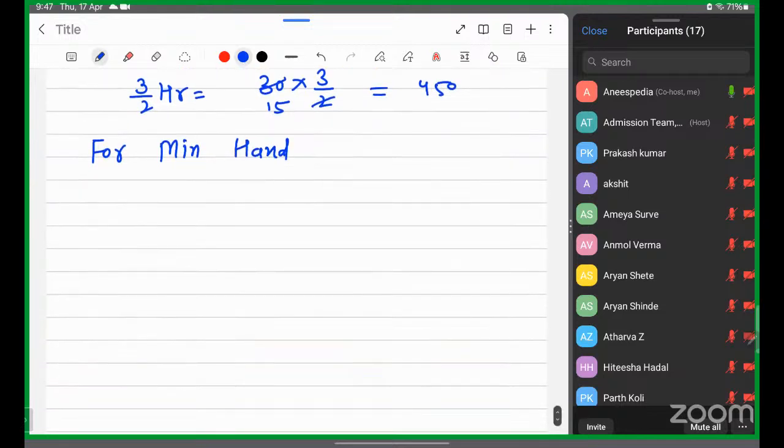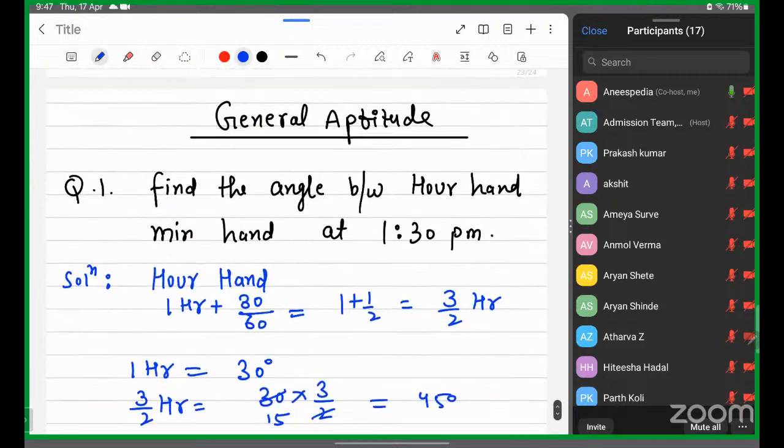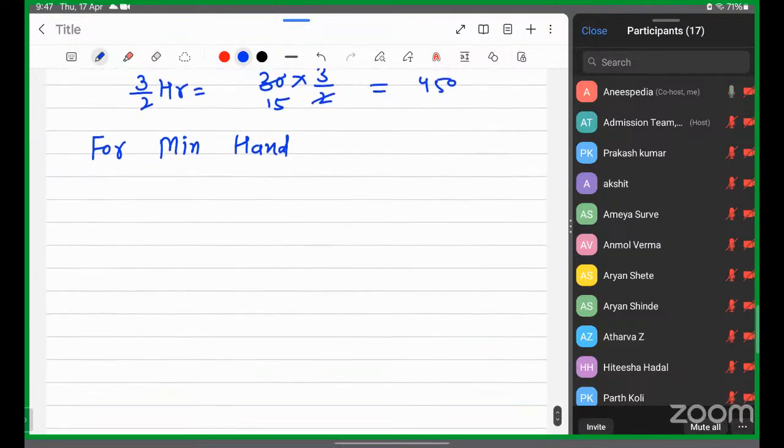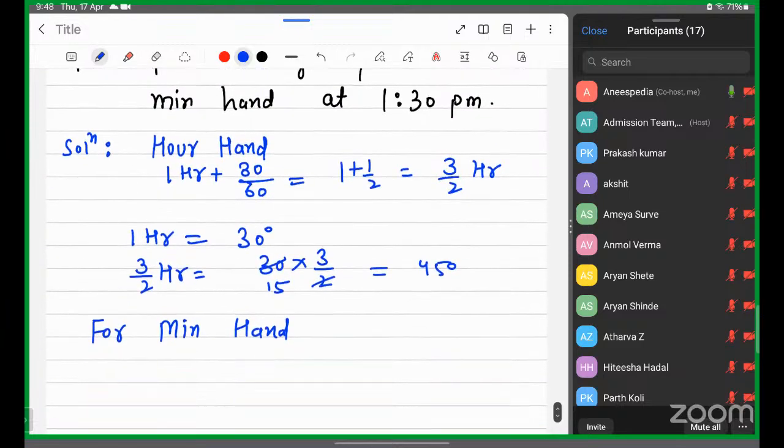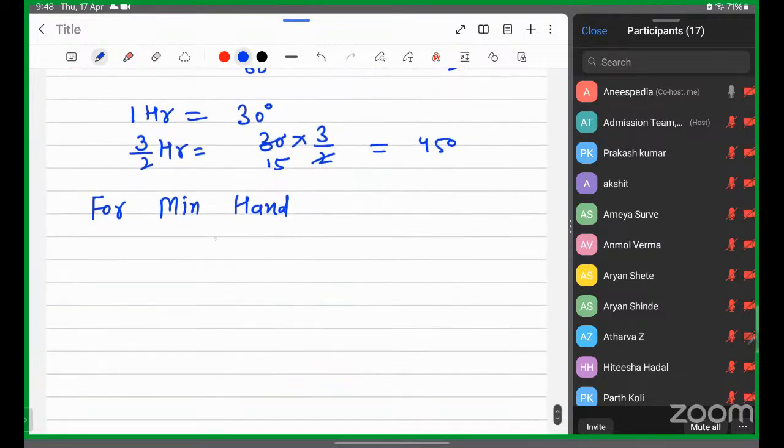So how much angle it will travel in 30 minutes? In 1 minute, minute hand travels how much angle? 6 degree.